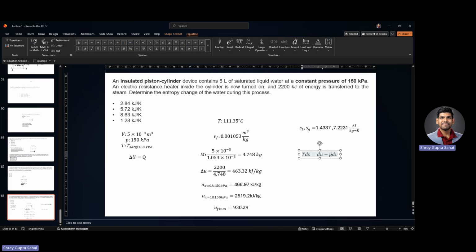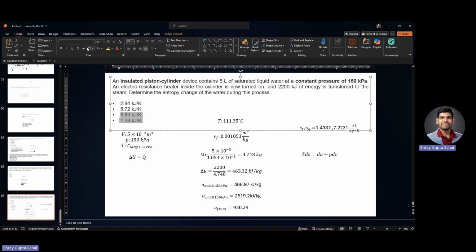You know that if your dU is increasing and your dV is also positive, you expect entropy to increase. So actually, I can rule out a few options. These two options have to be incorrect.